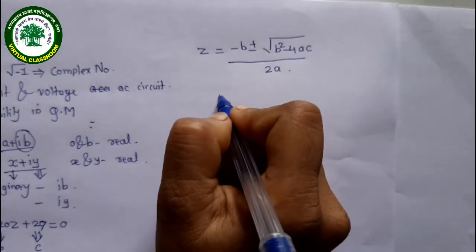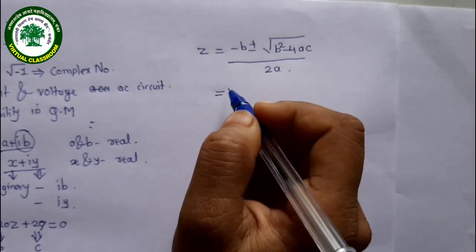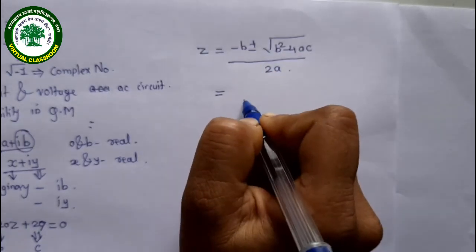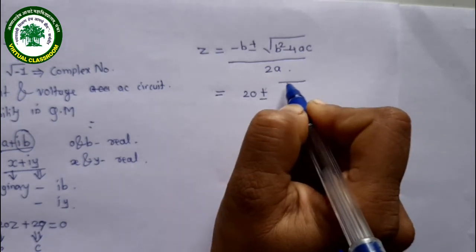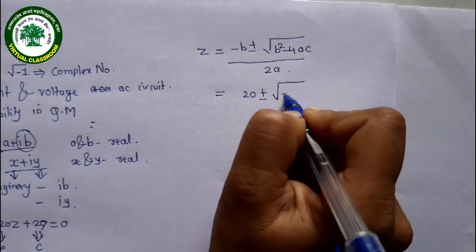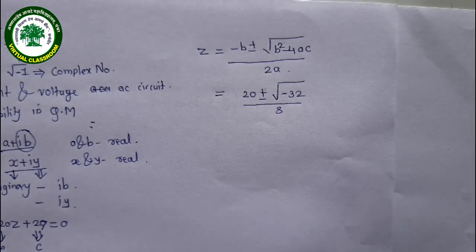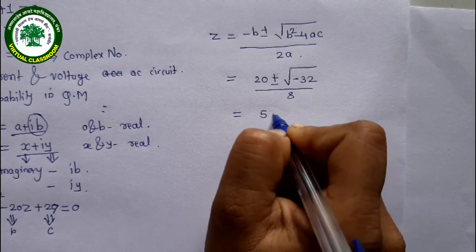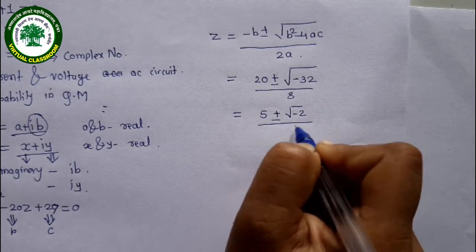Now let us substitute those values of a, b, c of this equation. Then we will have minus b, which becomes 20, plus minus square root of b square minus 4ac, which for this particular equation gives minus 32, upon 8. By doing some simplification, we reach the step 5 plus minus square root of minus 2 upon 2.